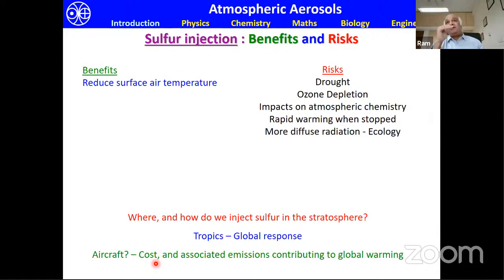So you are intervening with the climate, creating the same scenario a volcanic eruption would have produced, which means it will contribute to emissions that are already increasing. So there are more risks compared to the benefits of this geoengineering.